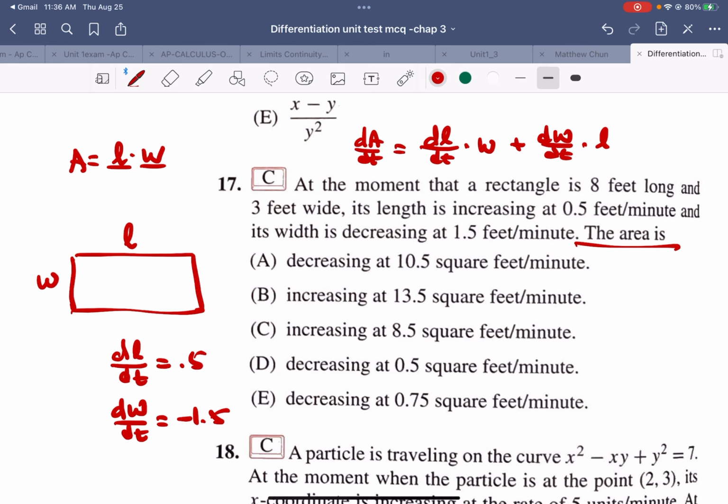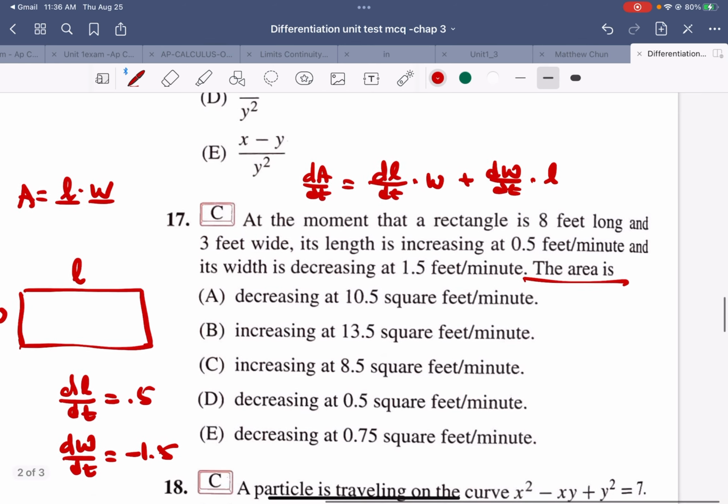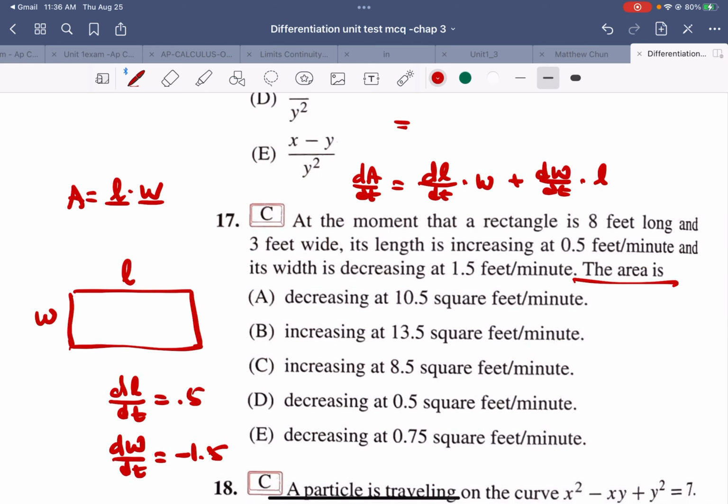So let's substitute all the values you know. dl/dt is 0.5. w is 3 right here. And dw/dt is negative 1.5. The l value is here, 8. So then you can calculate.